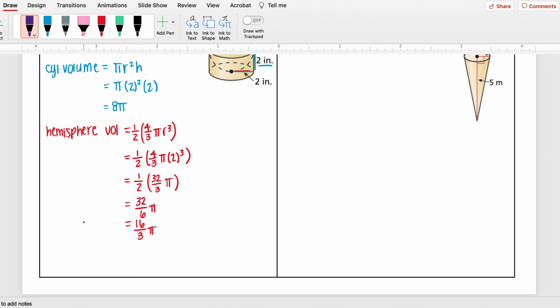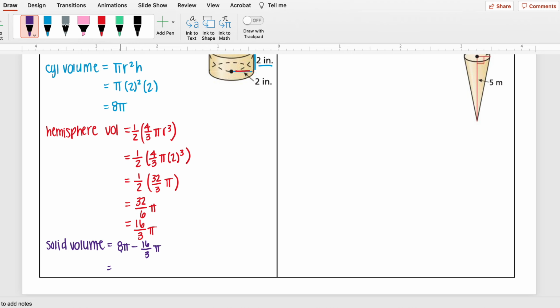And so now to find the volume of the solid, I'm going to take my cylinder volume, so that's 8 pi, minus 16/3 pi.